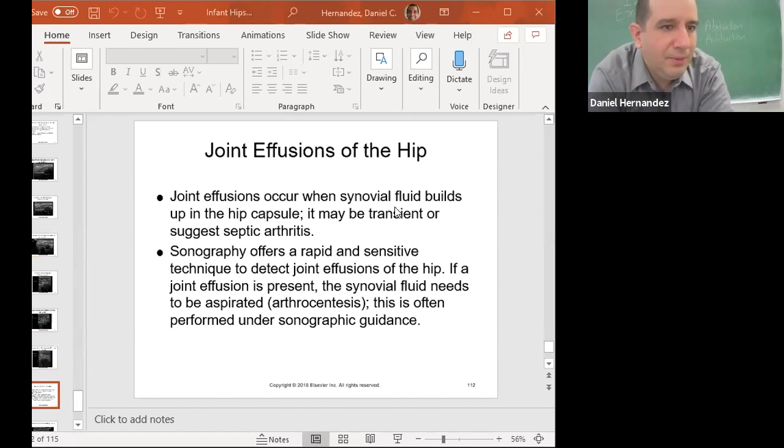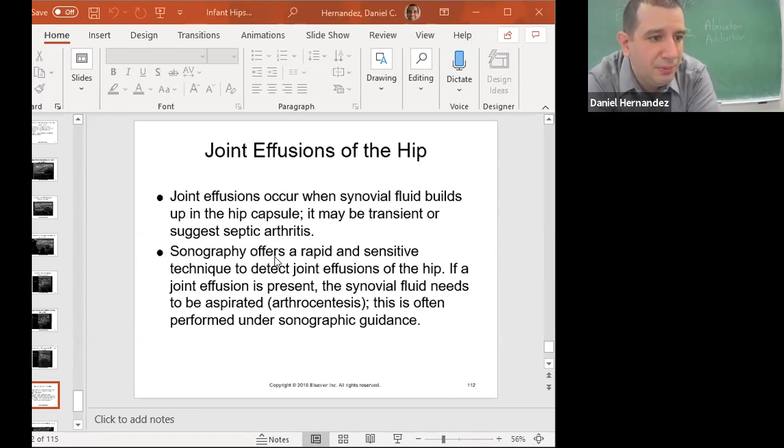We can also have joint effusions of the hip. Joint effusions can occur when synovial fluid builds up in the hip capsule. This could be a transient thing or suggest septic arthritis. In order to determine if it's septic, they would have to actually take a little sample of that fluid.